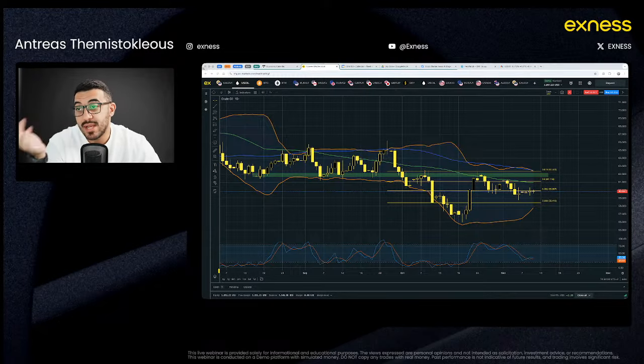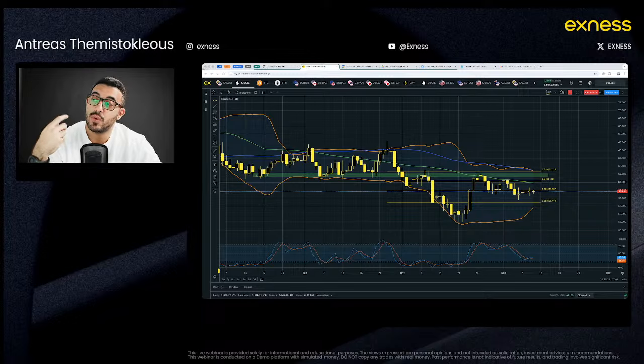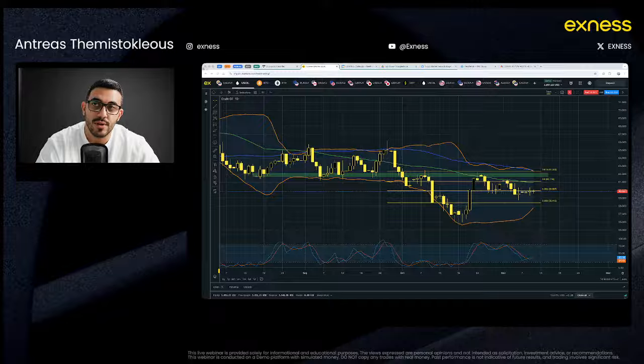So what that means is that if we do get another rate cut, usually we get support on gold. We get a boost on the gold price. So when these probabilities shift in favor of a rate cut, that usually boosts the price of gold, right?